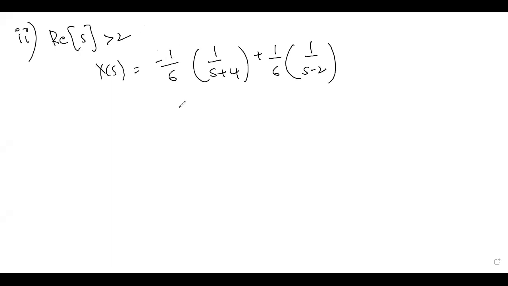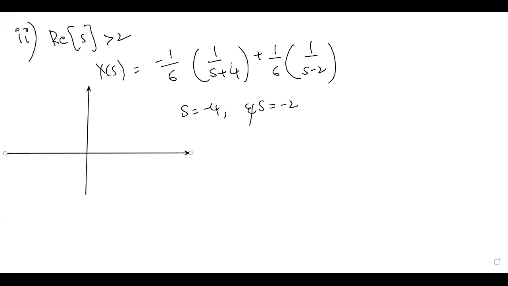How many poles do we have here? S equal to minus 4 is one pole and s equal to 2 is the other pole. Real poles are there, isn't it? Let us verify the common ROC here. Let us represent the poles. Again, I made a mistake here. S equal to plus 2 is the pole here. Minus 2, minus 4, plus 2, plus 4. At plus 2, one pole is there and at minus 4, one pole is there.